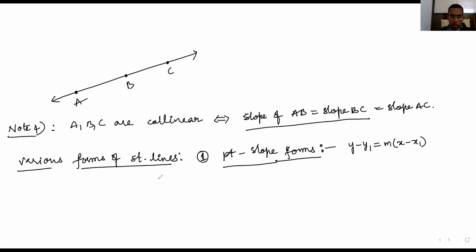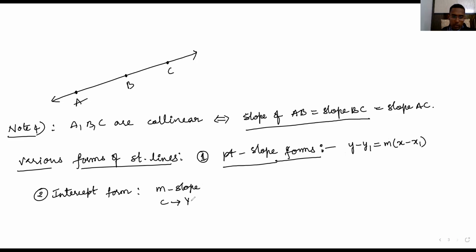Second, we say intercept form. In intercept form, the slope m will be given and the y-intercept c will be given.